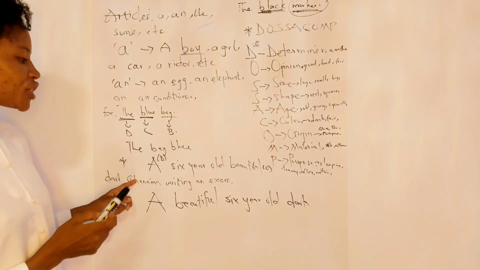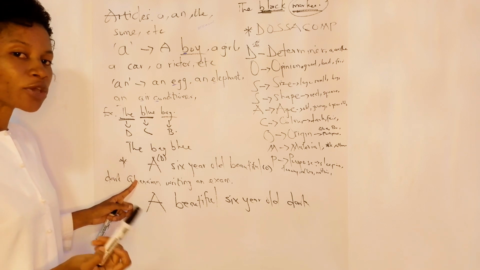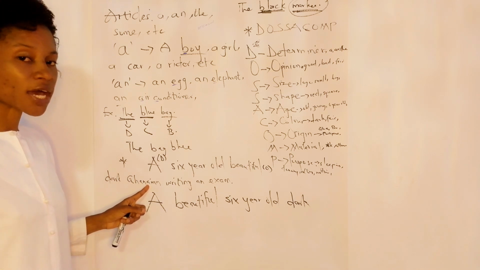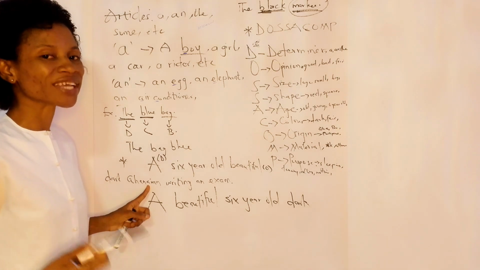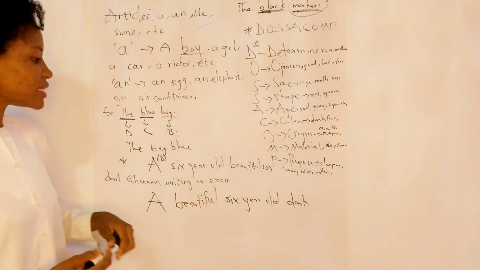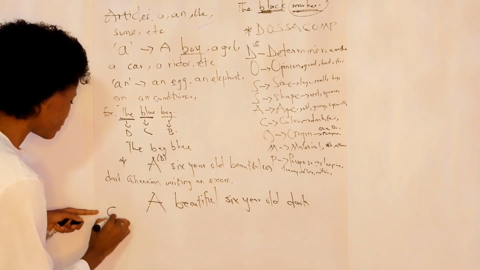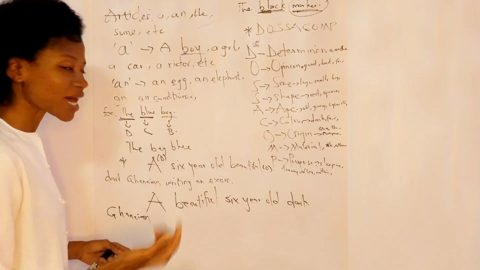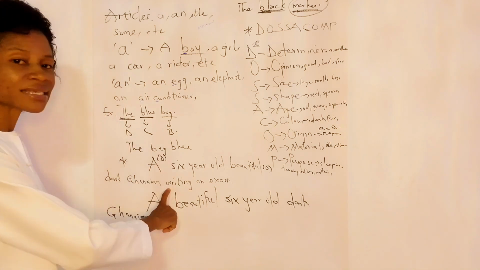Then the next one is origin, where you originate from. So Ghanaian: obviously the person is from Ghana, and a person from Ghana is called a Ghanaian. So a beautiful 6-year-old dark Ghanaian. What is this person doing? That is the purpose: writing an exam.